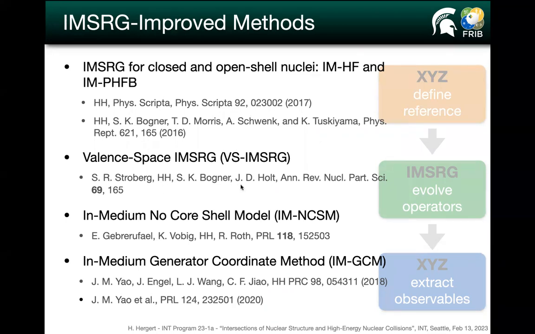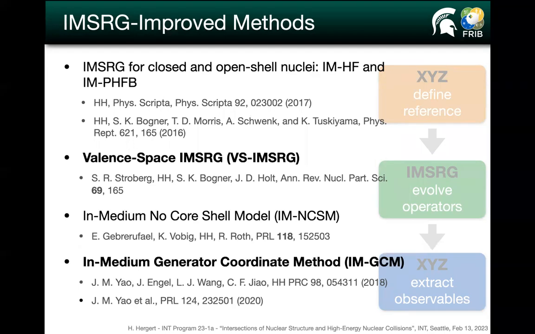There's the valence-space in-medium SRG, which essentially derives interactions for the traditional nuclear shell model. There's an in-medium no-core shell model, and there's the in-medium generator coordinate method. And these, the in-medium GCM and the valence-space IMSRG, are the ones that I want to talk a bit more about in the following.